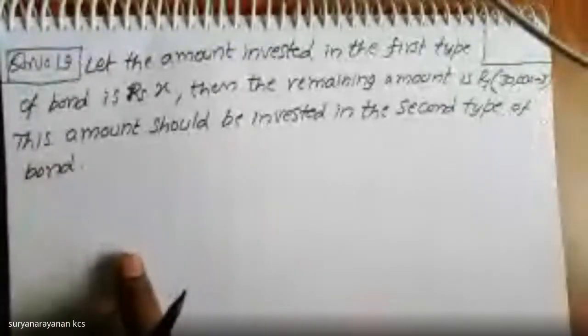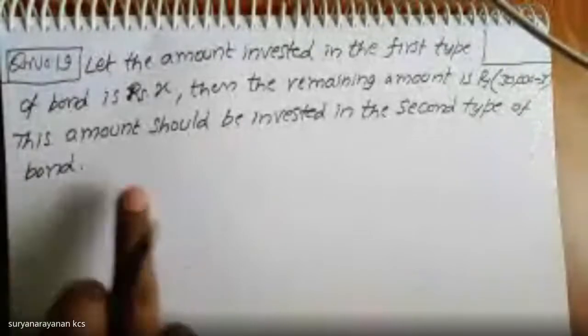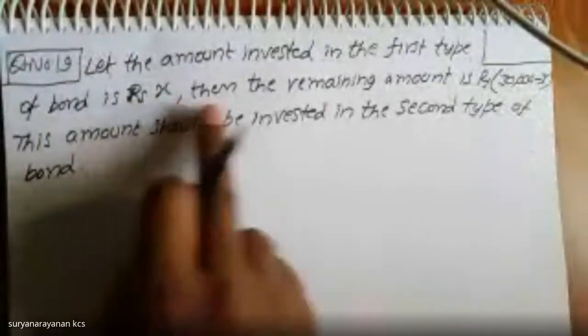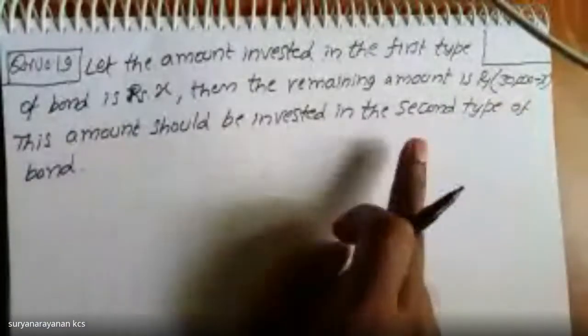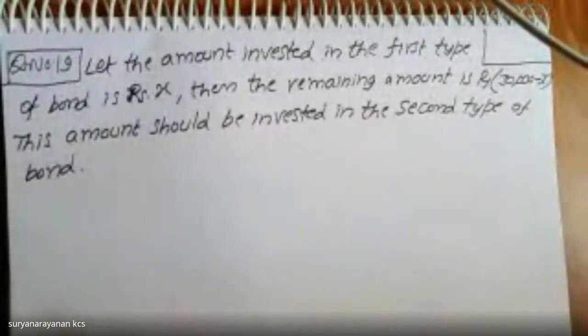So whatever we are assuming here, we have written in the form of a sentence. We have assumed some certain amount is invested in the first type of bond, that is X rupees. So the remaining amount is 30,000 minus X rupees. This amount should be invested in the second type of bond.